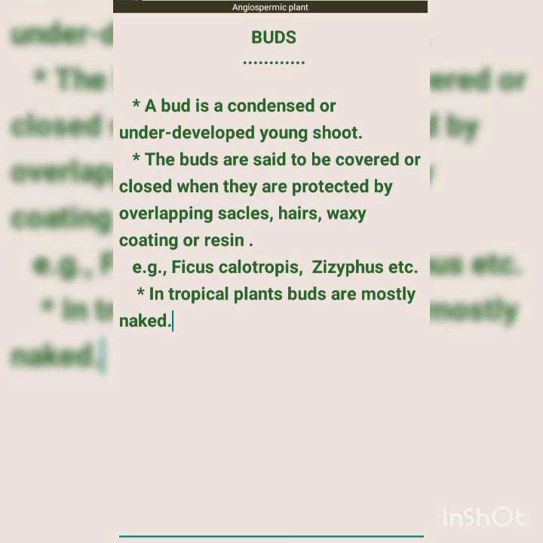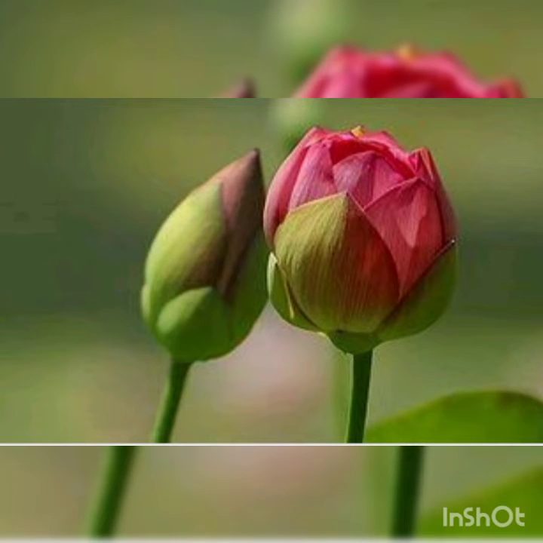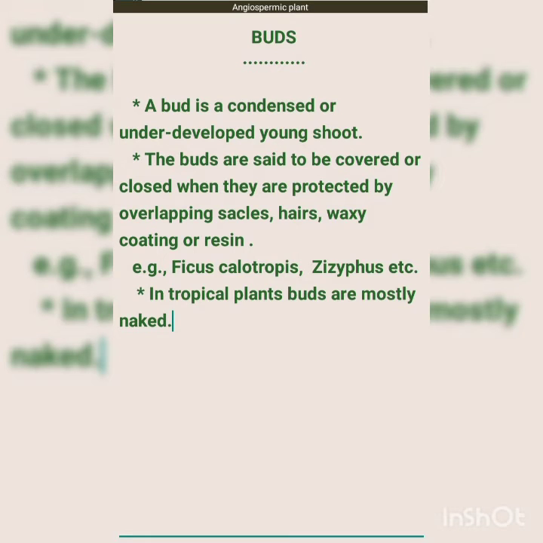The buds are said to be covered or closed when they are protected by overlapping scales, hairs, waxy coating or resin. Example: ficus, calotropis, etc. In tropical plants, buds are mostly naked.